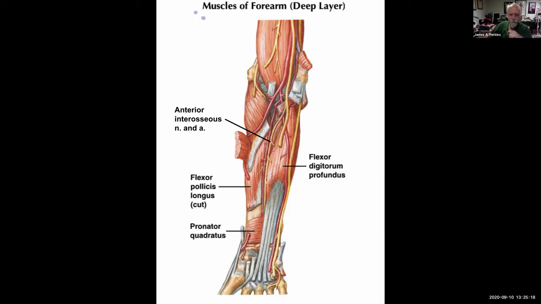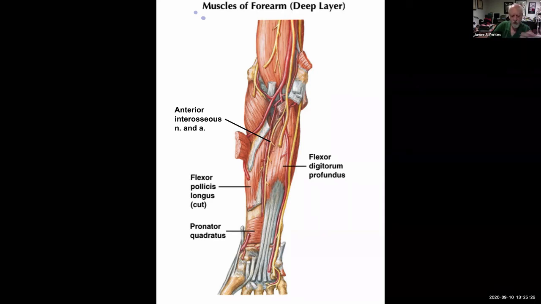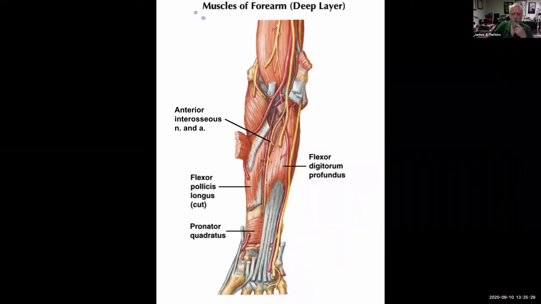Then over on the lateral side, the radial side, you can see flexor pollicis longus, which would be sending its tendon down to the distal phalanx of the thumb. But it's been partly cut away in this picture to show the final muscle in the anterior compartment, this muscle called pronator quadratus.